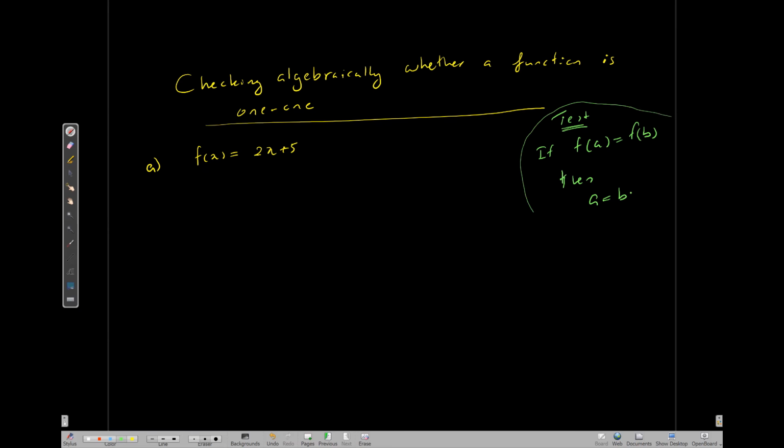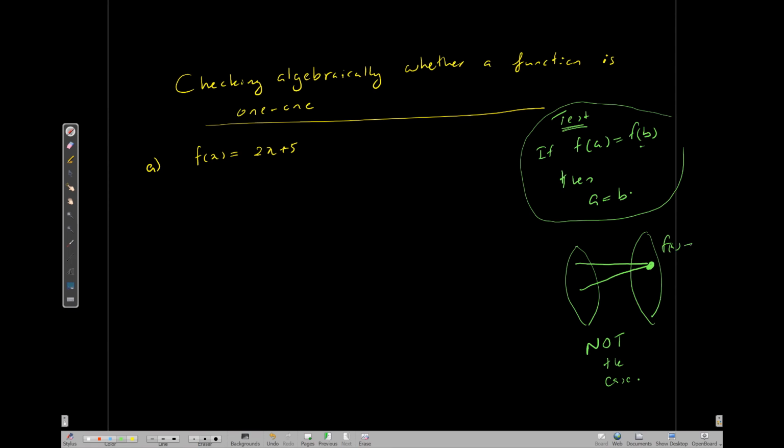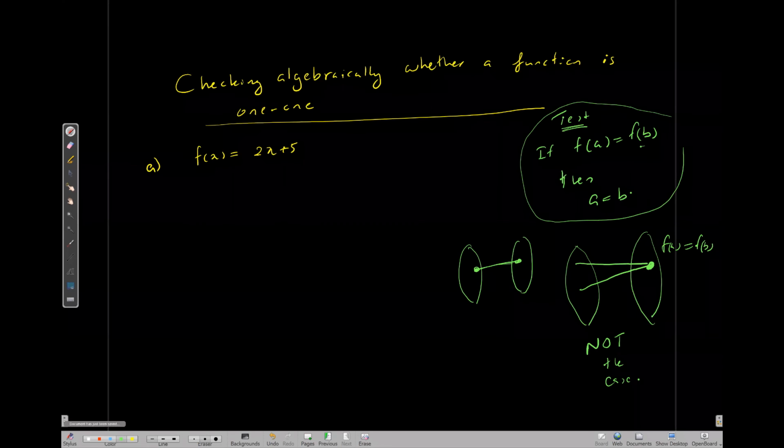This is an abstract way of saying that the last figure is not the case. Read carefully. If f of a equals f of b, then those a and b should not be two different values, but rather they must be the same. That's what it says. Then it's one-to-one. So that's the algebraic way, a little bit abstract.